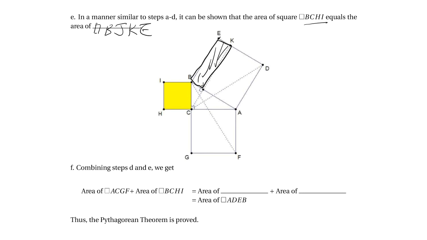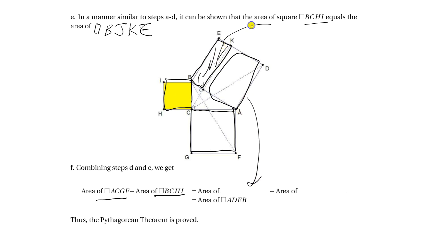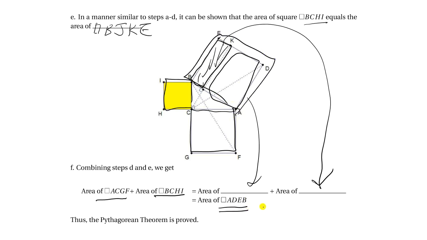So altogether, the sum of ACGF and BCHI is each the same as the area of this rectangle and that rectangle, which is entirely the area of the square ADEB. So that's going to be the entire proof, which takes much longer and requires more facts.